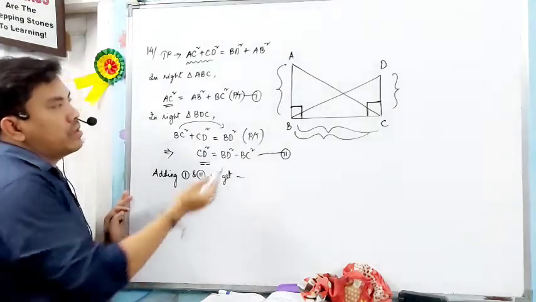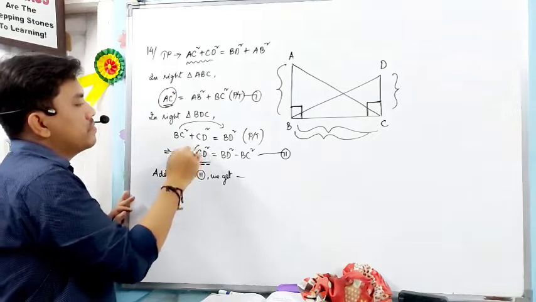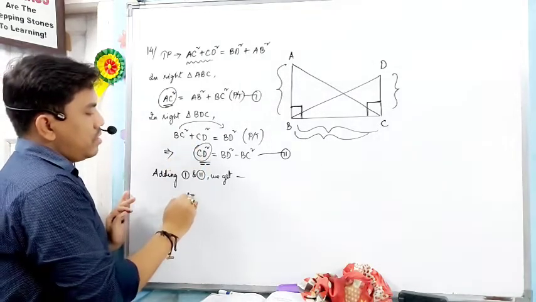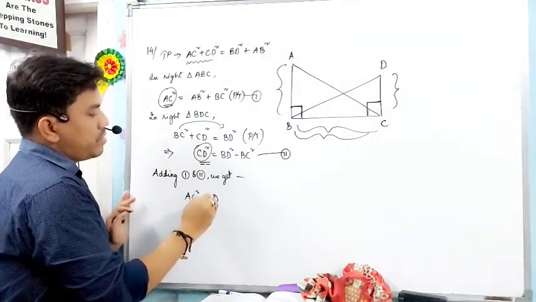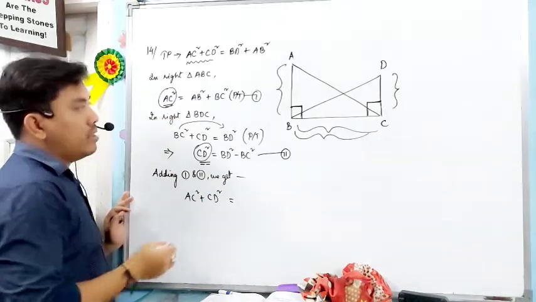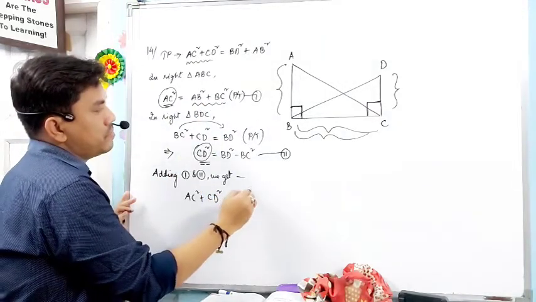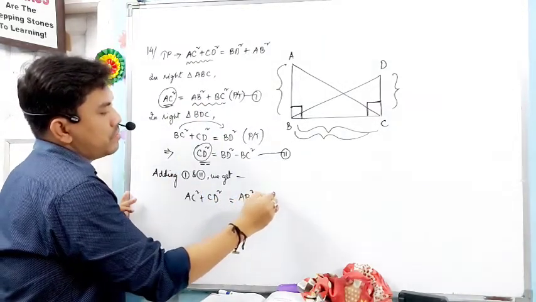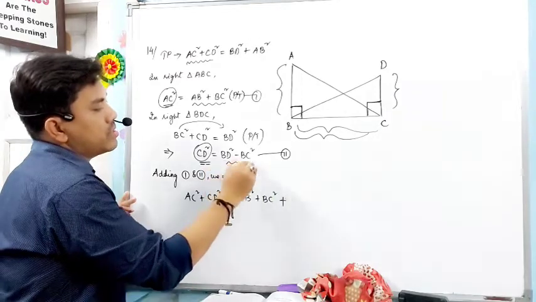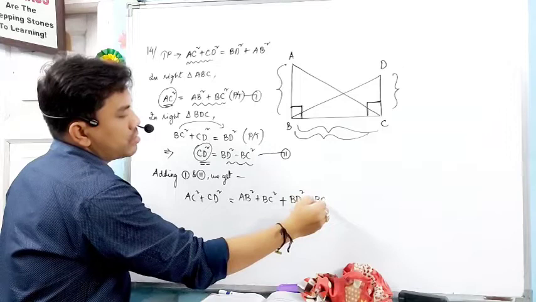I told you, whenever you add two equations, we have to add the left hand sides first: AC square plus CD square. Done. After that we add the right hand sides: AB square plus BC square plus BD square minus BC square.